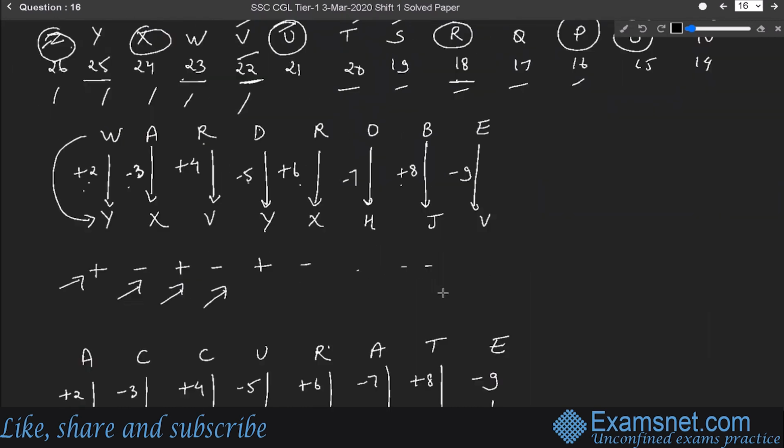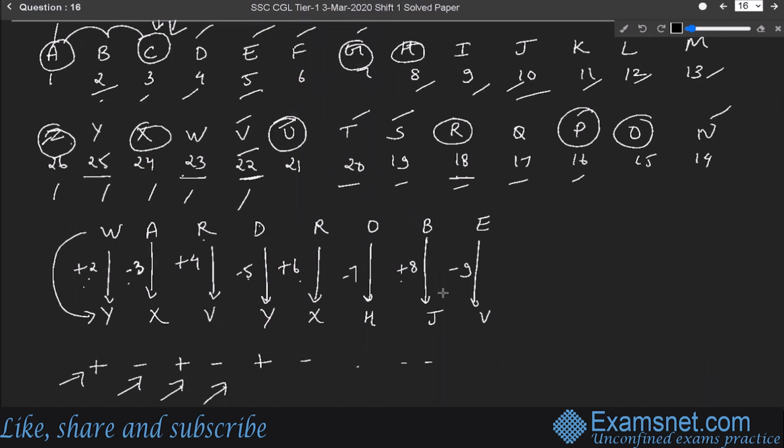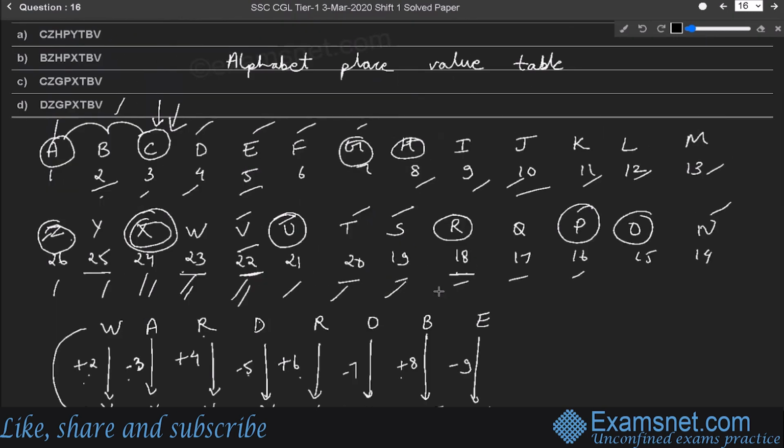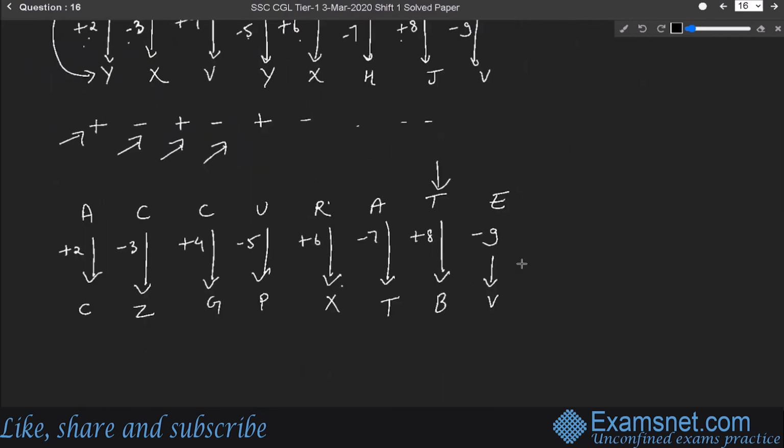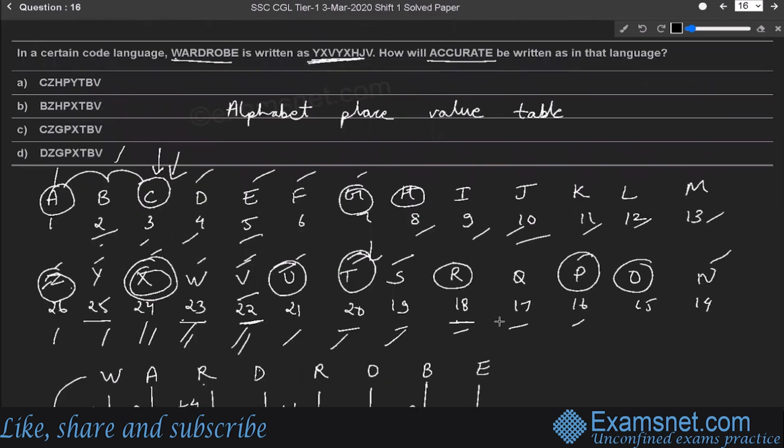Then R plus 6. Plus means in the right direction. So 1, 2, 3, 4, 5, and 6. So this is X. R plus 6 is X. Then A minus 7, in the opposite direction. So 1, 2, 3, 4, 5, 6, and 7. So A minus 7 is T. Then the next is T plus 8. Plus will be in the forward direction.